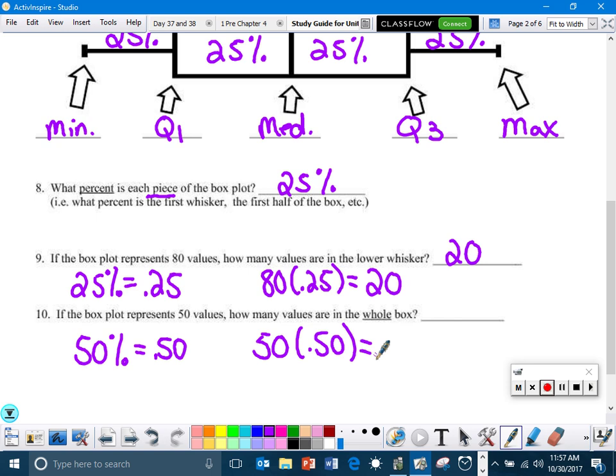Well, that would be half of them. So that would be 25. So if there were 50 values represented in the whole box and whisker, 25 of those 50 would be the box portion.